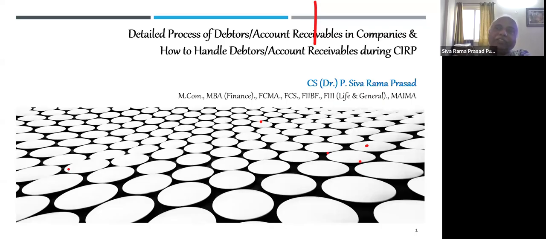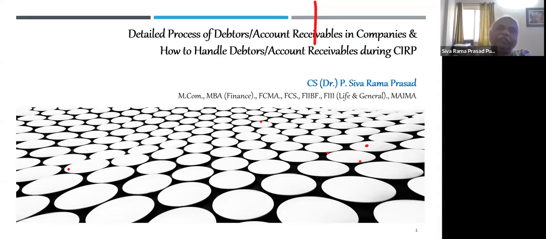Why we are discussing all these things is because, whatever the assets are, in case of liquidation or in case of CIRP, whenever you are preparing the information memoranda, all details of all assets must be provided to the prospective resolution applicant in a detailed manner.